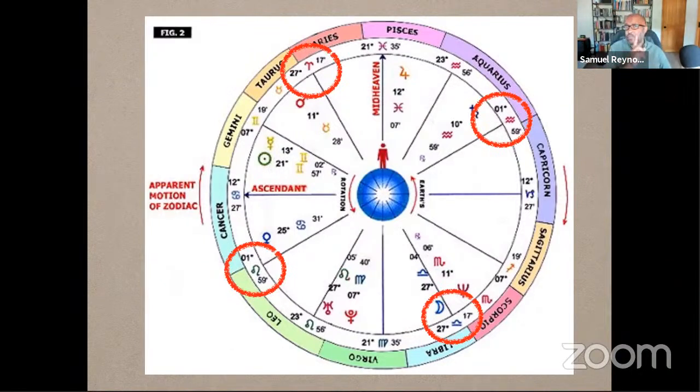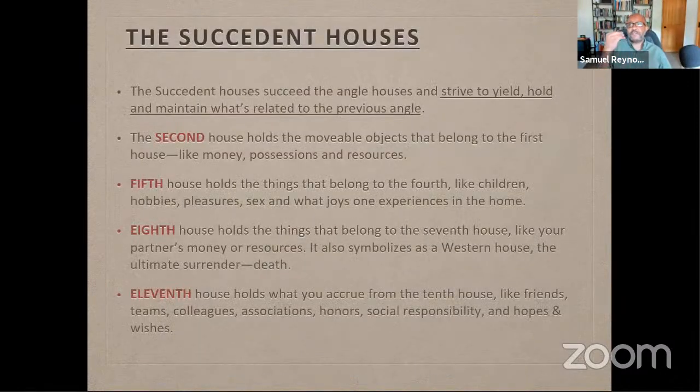Now that gives you a clue in understanding succedent houses, because they strive to yield, hold, and maintain what's related to the previous angle. They are next to kind of maintain it. So the 2nd house holds the movable objects that belong to the 1st, like money, possessions, and resources.